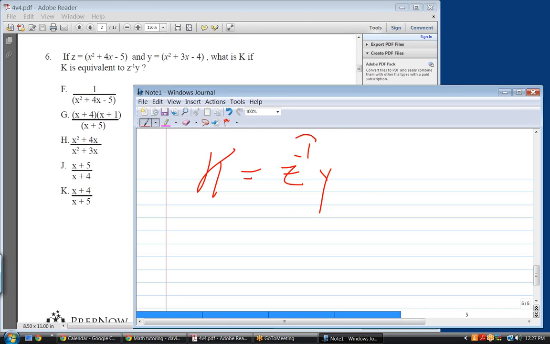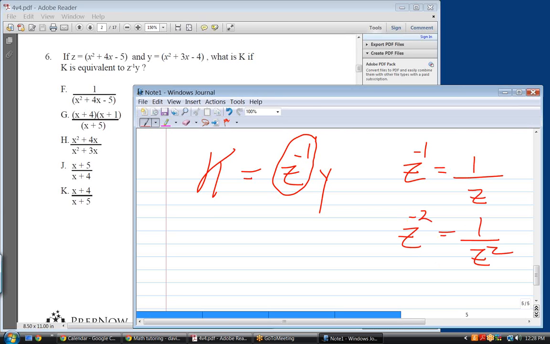What does that mean? Like just z to the negative 1. I don't really know. Well, negative exponents have a very specific meaning, and it has nothing to do with negative numbers. If I said z to the minus 2, then it would be 1 over z squared. In other words, all you do is you reciprocate it and use the positive exponent. So now what does this all become?